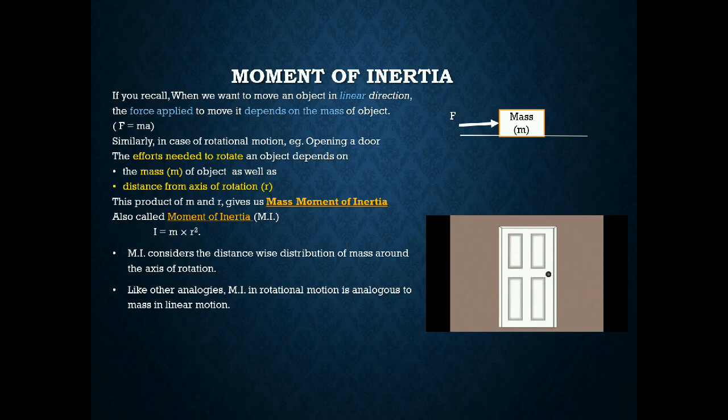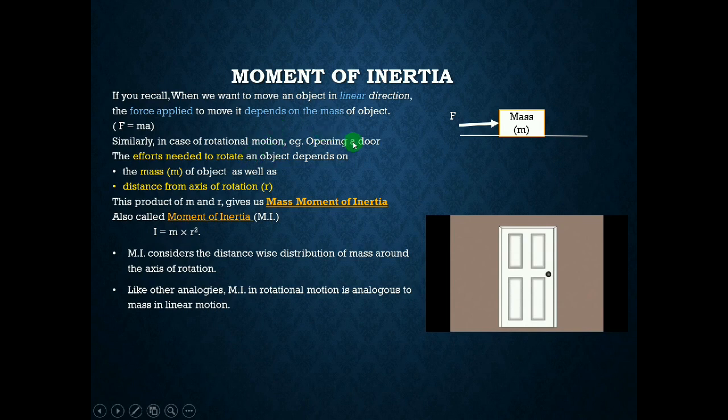When we consider inertia in relation to rotational motion, that inertia is known as moment of inertia. You can call it rotational inertia. It is the measurement of inertia of a body in rotational motion. So moment of inertia is the physical quantity which measures the rotational inertia of the body.